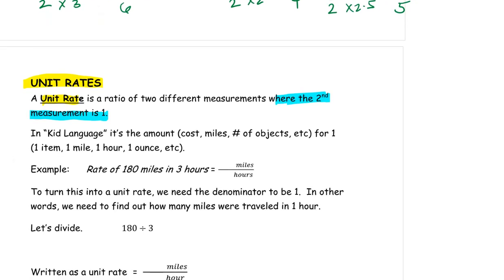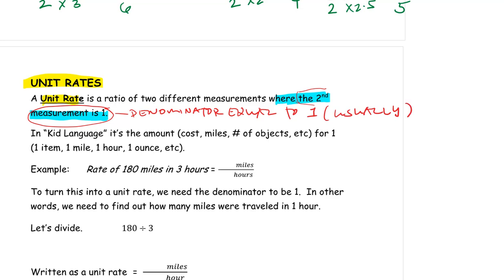So usually we try to make the denominator, this one here, equal to 1. Okay, usually that's what we do.